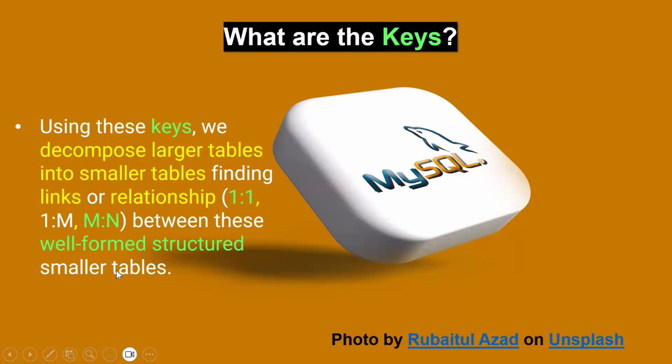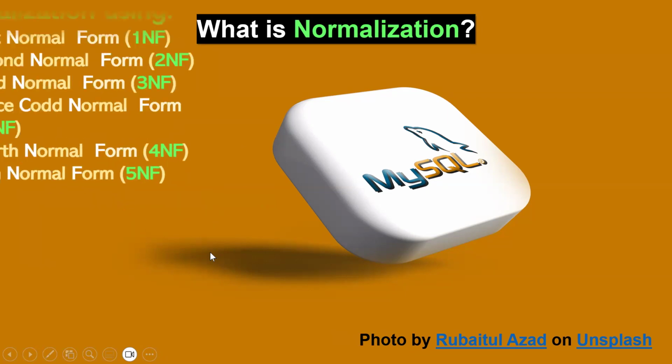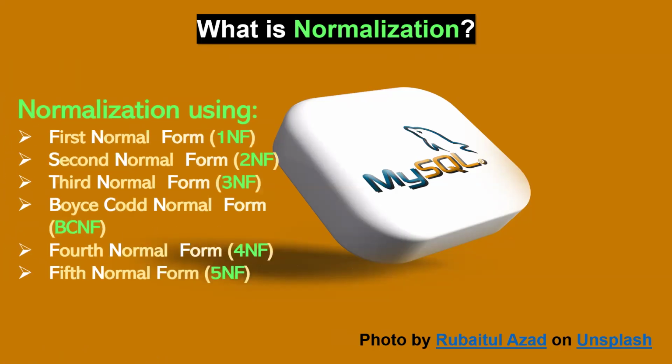Let me just go back here. And then the next one is, when we do normalization, we want to minimize and eliminate redundancies and duplication. And so we don't have any anomalies like insertion, update, and deletion. Now, how do you do normalization?